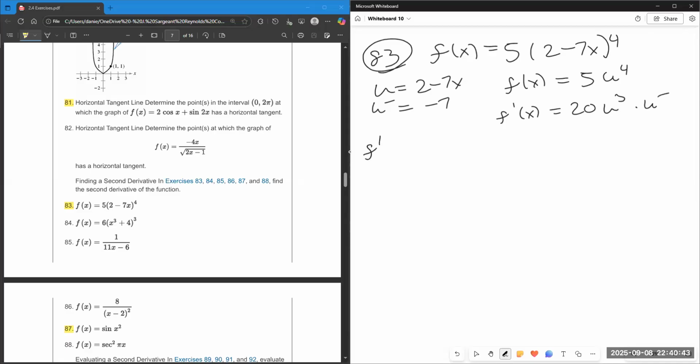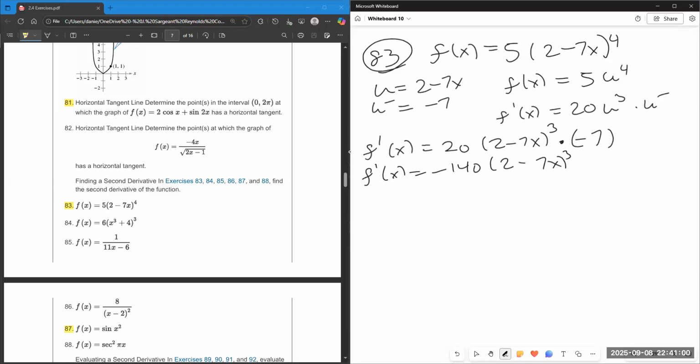So f prime of x is 20 times 2 minus 7x to the third times -7. So that'll be f prime of x is -140 times 2 minus 7x raised to the third.